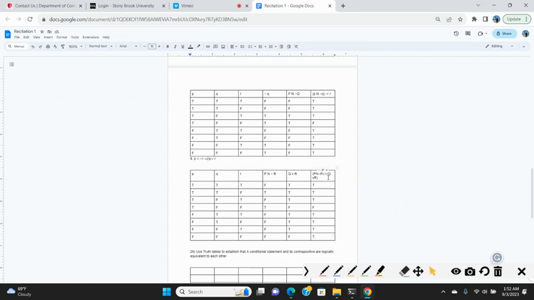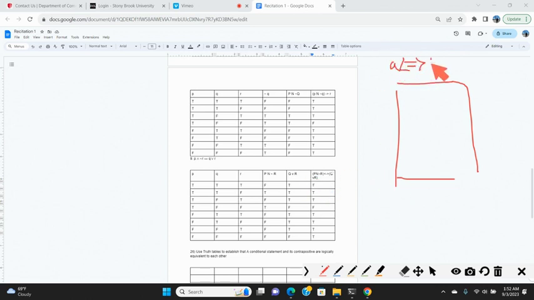Oh, my bad. This is biconditional. So again, biconditionals are only true if and only if. Like say you have A biconditional B, it is only true if you have F, F, or T, T. So basically A is logically equivalent with B. I just realized it's actually the same symbol, but you guys know what I mean.